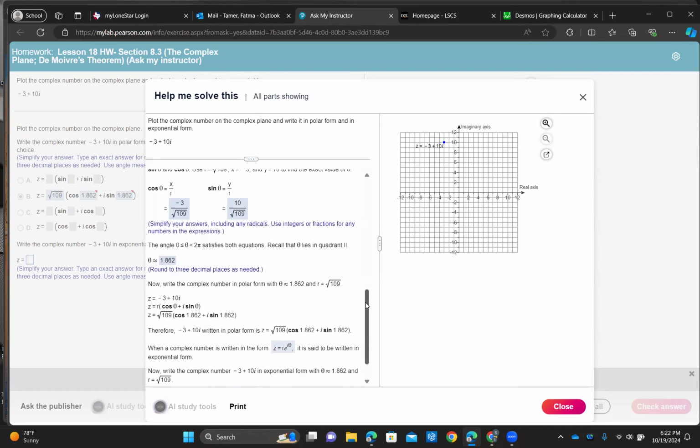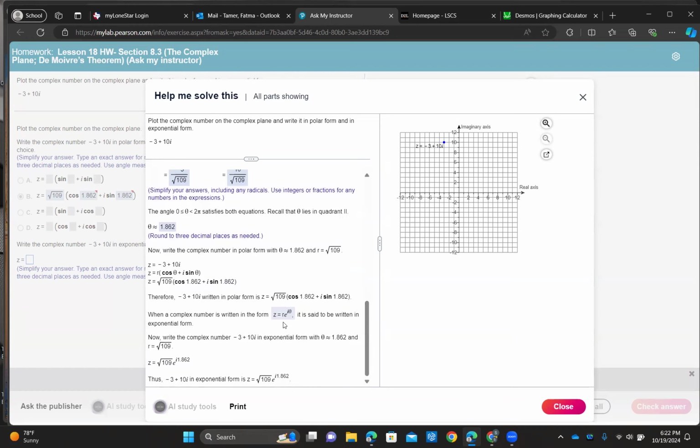You can also convert this to exponential form, where the formula is r times e to the power of i theta, with this the r value and this the theta value. So this complex number can be expressed as square root of 109 e to the power of i 1.862 in exponential form.